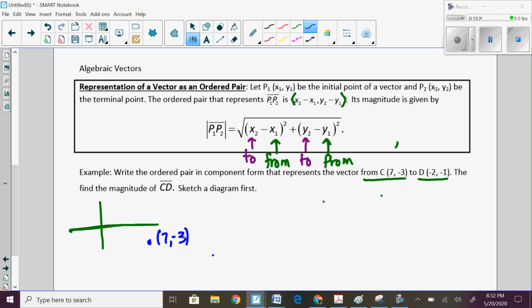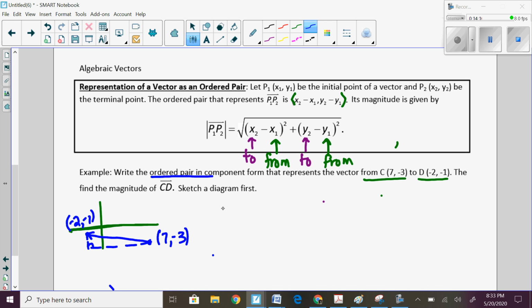And the other point that we were given was -2, -1. Okay, so it says from here to this. So I'm going to put that little arrow there. And what I'd like to do is make a little right triangle out of this, because what we're going to try to do is find the horizontal component and the vertical component. But first, we'll find the ordered pair in component form.